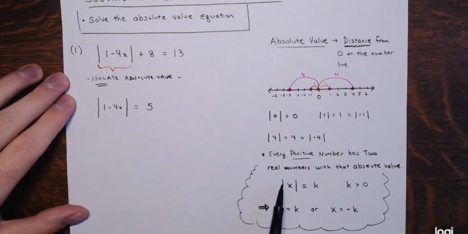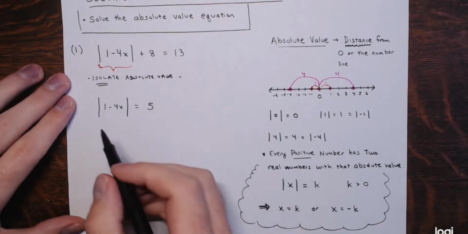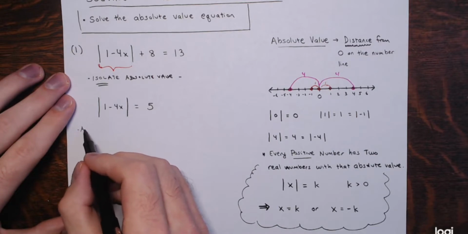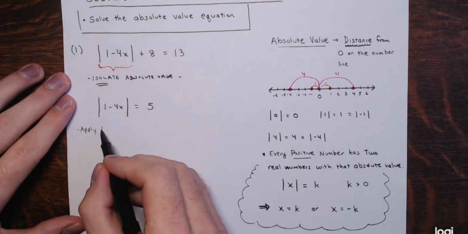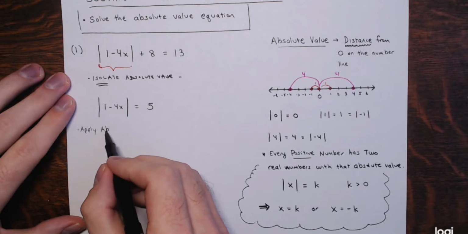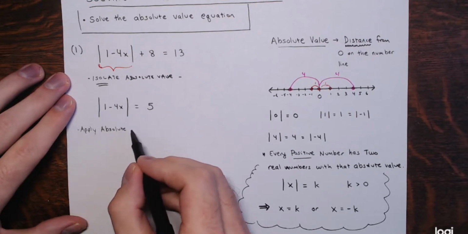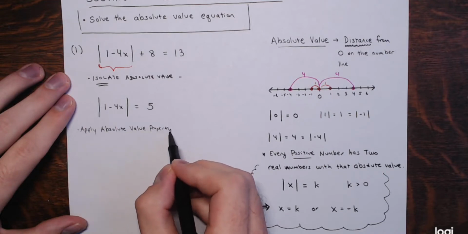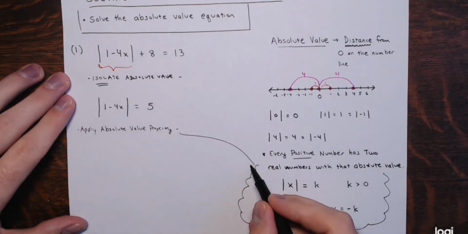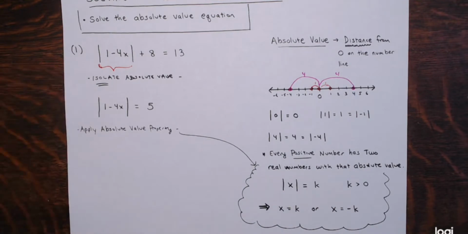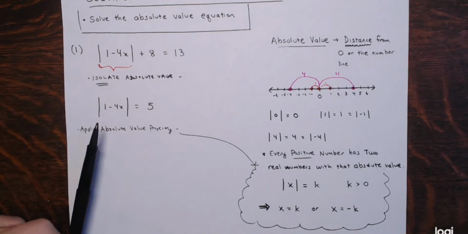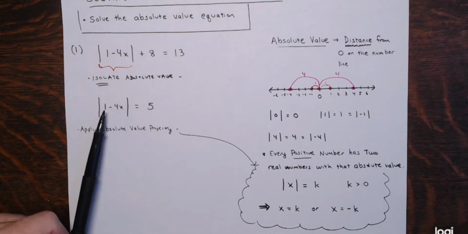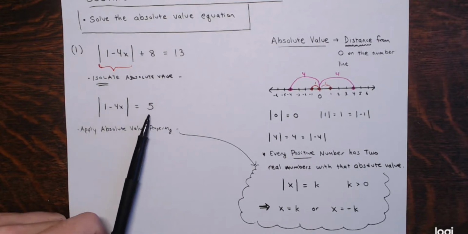And now I apply this, I'll call it, absolute value property, which is this thing here. Now notice we have what we want. I have absolute value alone on one side equal to a non-negative number on the other, 5.